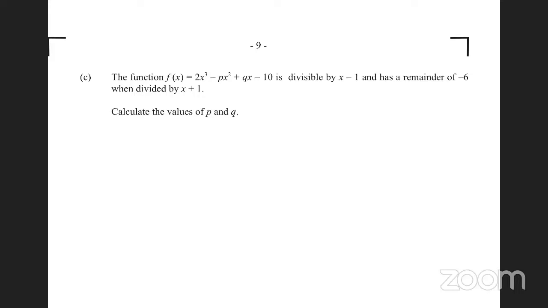Same year we're looking at it. Pick any group. Finish? Yeah. Nice.